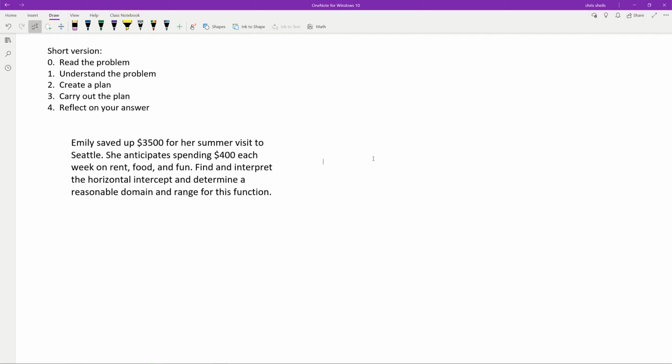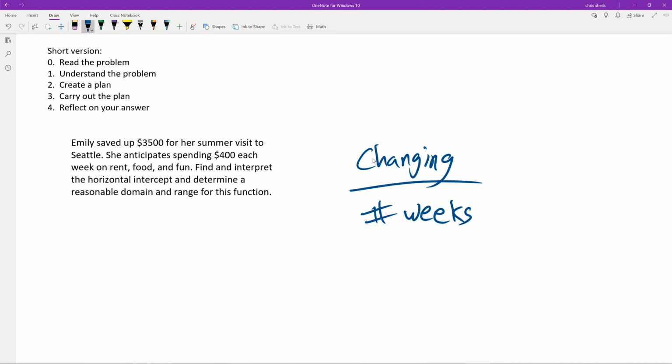Okay, so I've read the problem. This is good. I need to identify any changing quantities. So it looks like number of weeks could be a changing quantity, right? So let's see. Things that are changing. This would be number of weeks. So I can define a function.